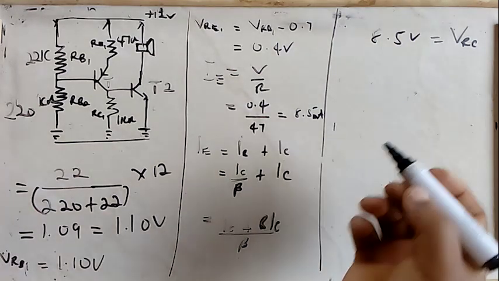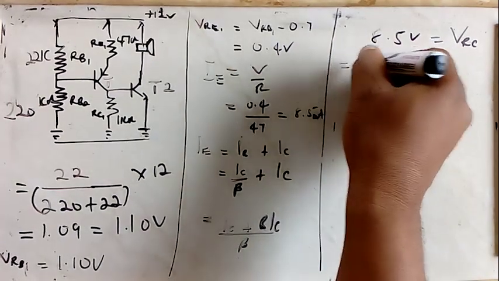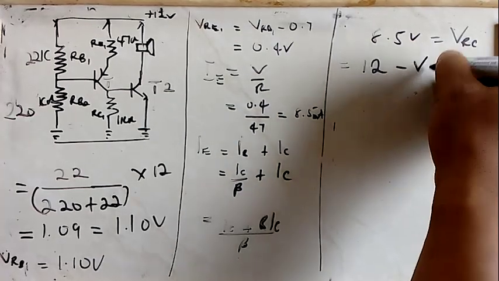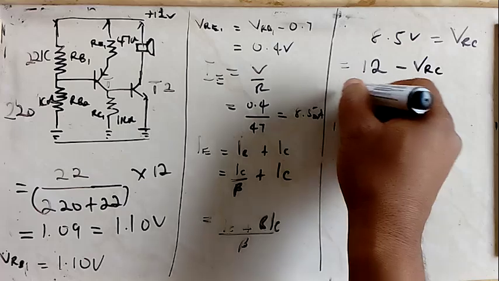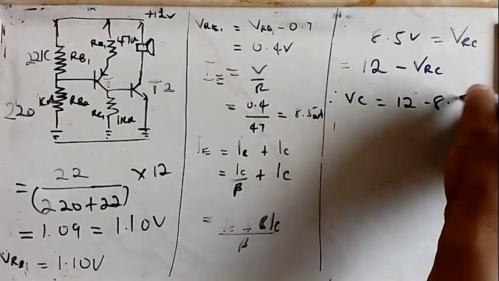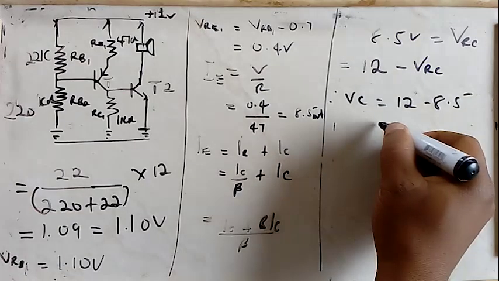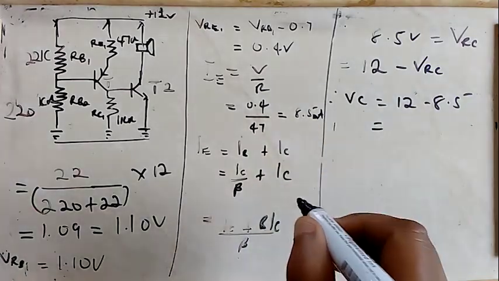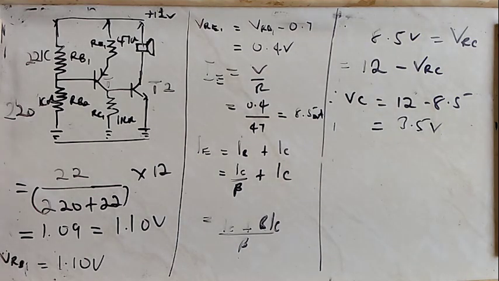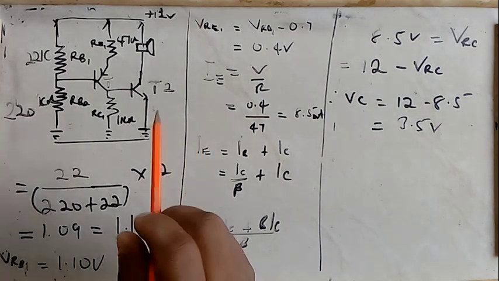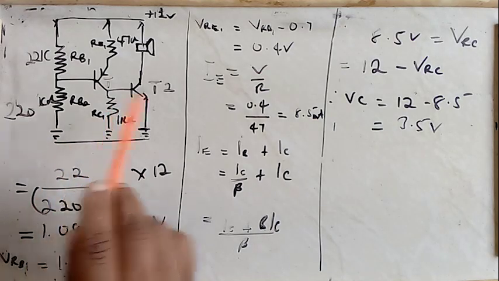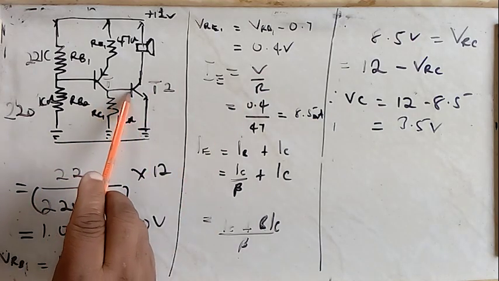The voltage on collector will be the power supply, which is 12 volts, minus the voltage on collector resistor, VRC. Therefore, our VC is 12 minus 8.5, which leaves us with 3.5 volts.